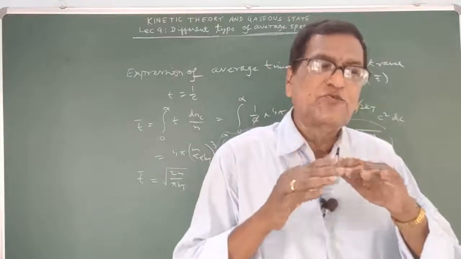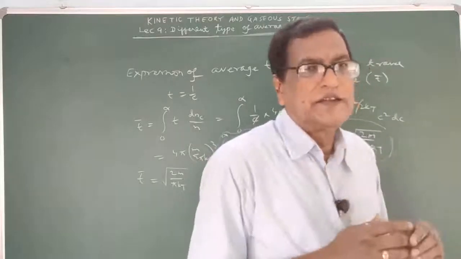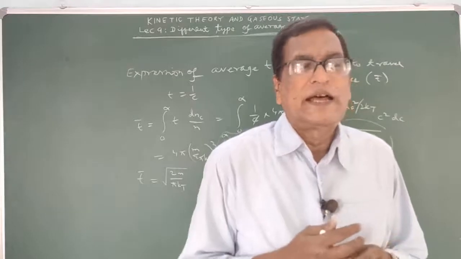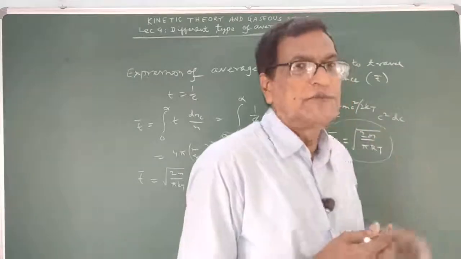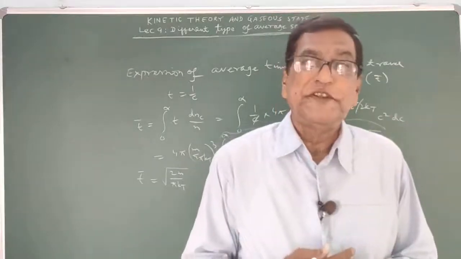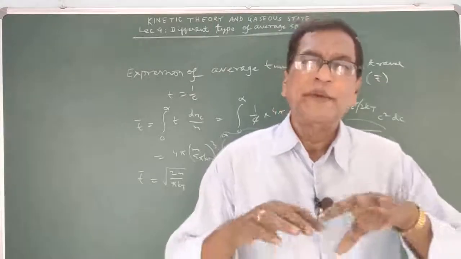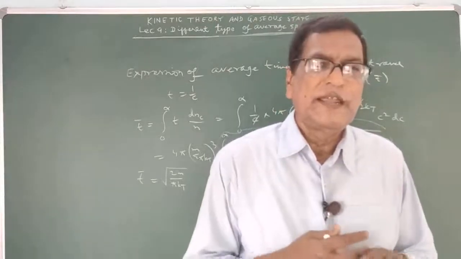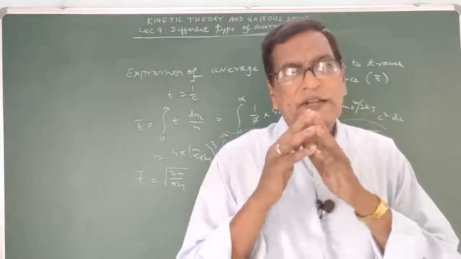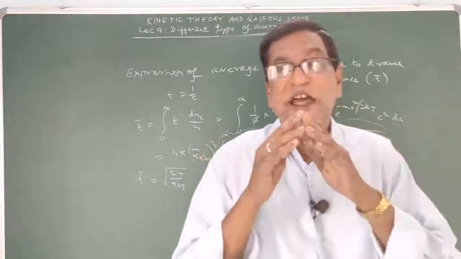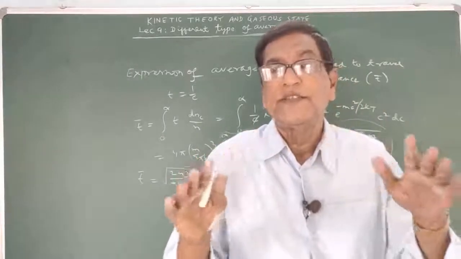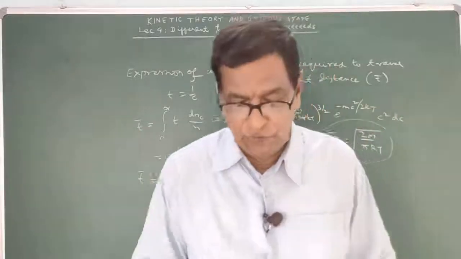Kinetic energy could also be distributed, and that could be obtained from this speed distribution formula or momentum distribution formula. Anything you can get this distribution which is directly related with the speed of these molecules.